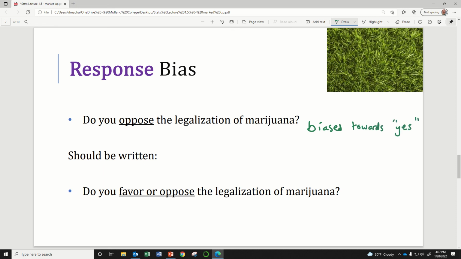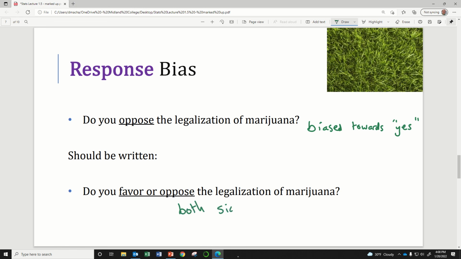People tend to answer yes more often than no. So if you ask, do you oppose the legalization of marijuana? You're going to get more yeses than the equivalent response if you were actually asking, do you favor or oppose the legalization of marijuana? And so we say that we should write it this way because we're actually stating both of your options. Instead of just saying oppose, by saying favor or oppose, it's sort of giving both sides of the argument equal weight.